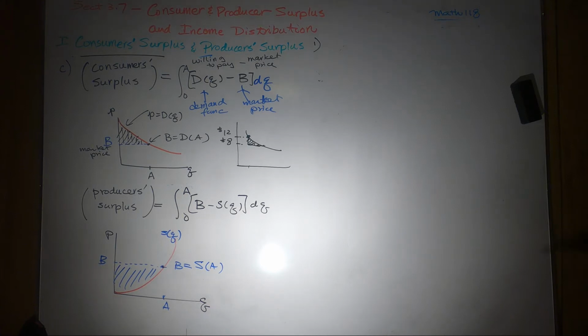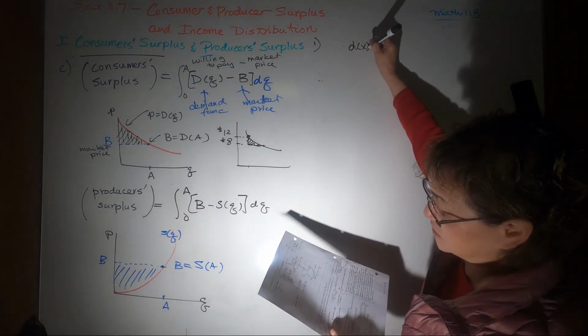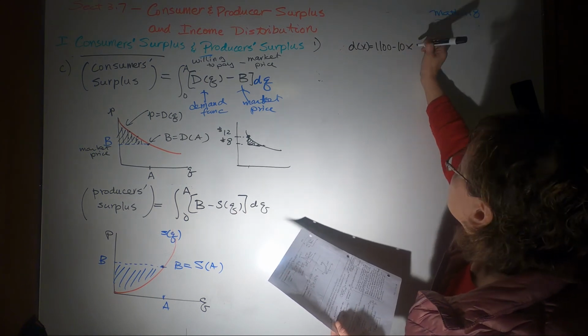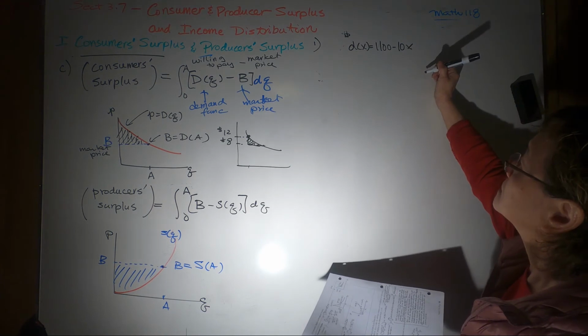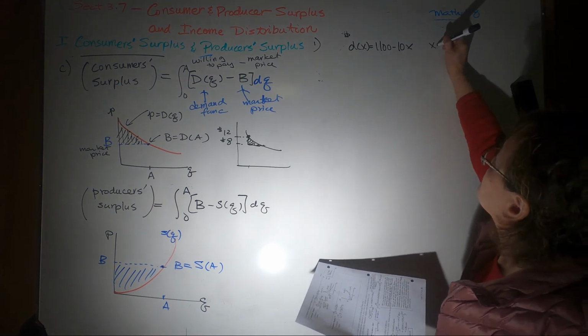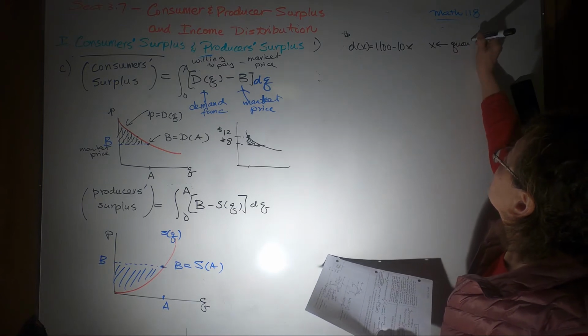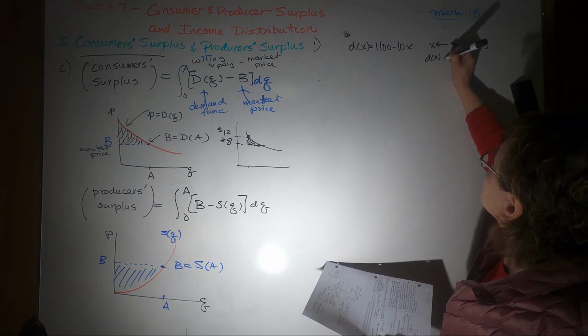So first one, if the demand function for electricity is this, D of x equals what? Demand function is this, dollars. It means what? What is your x? x is your quantity, right? Then D of x is what?